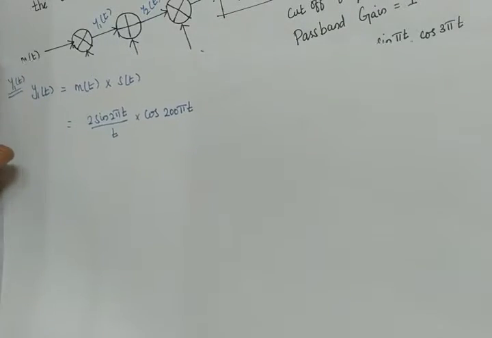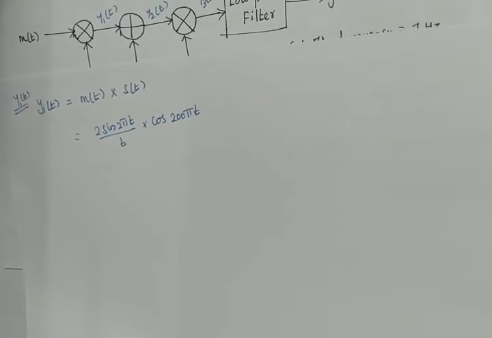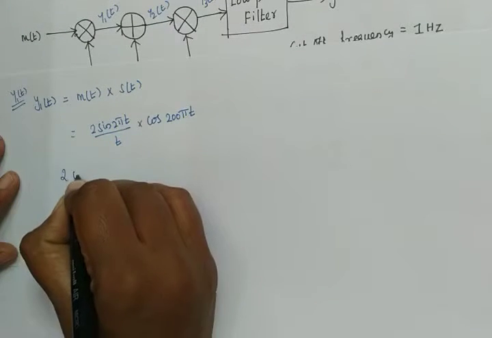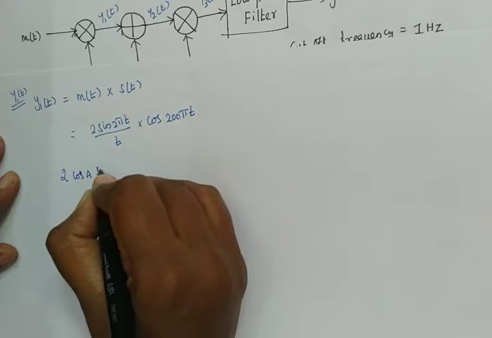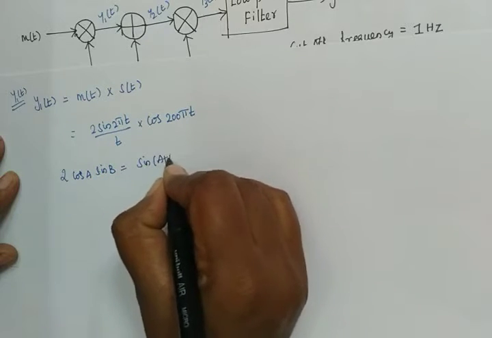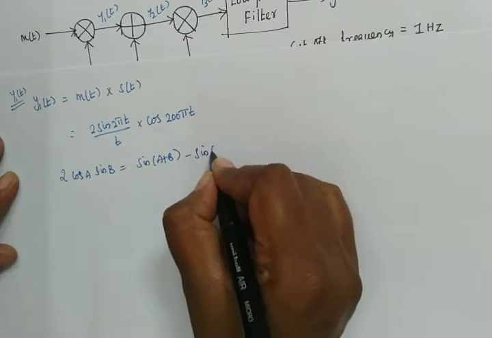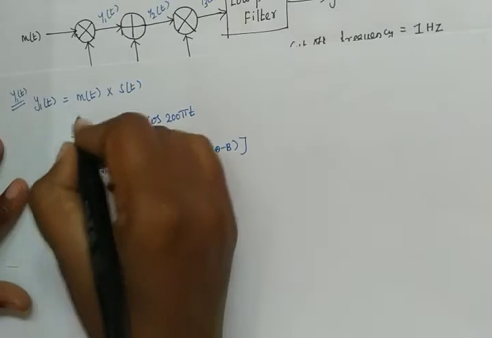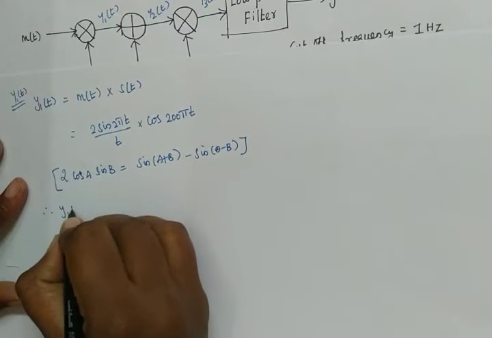Now we have to find the output of this multiplier. We know that 2 cos a sin b is equal to sin of a plus b minus sin of a minus b. We are going to apply this formula in y1 of t.